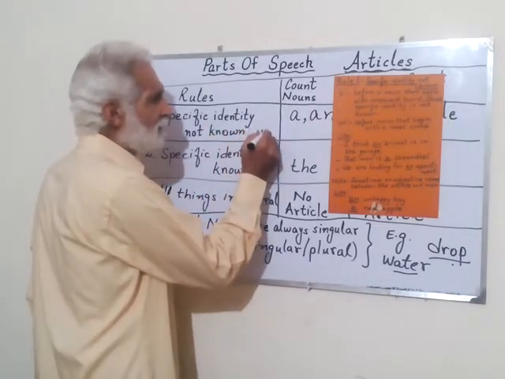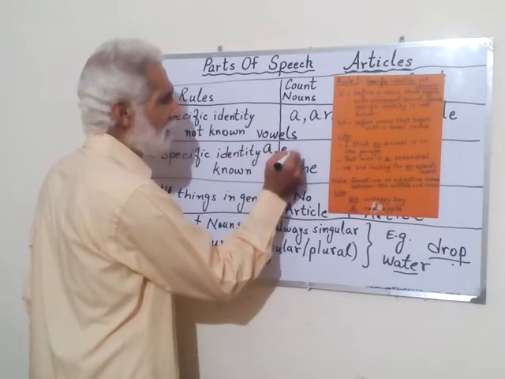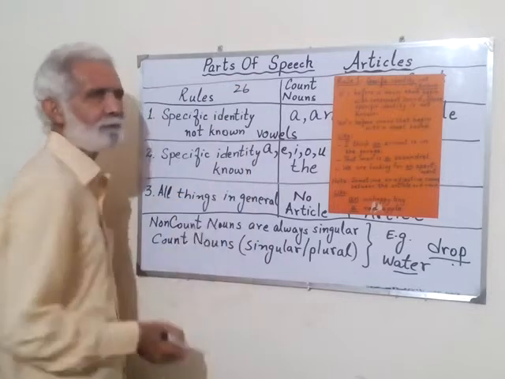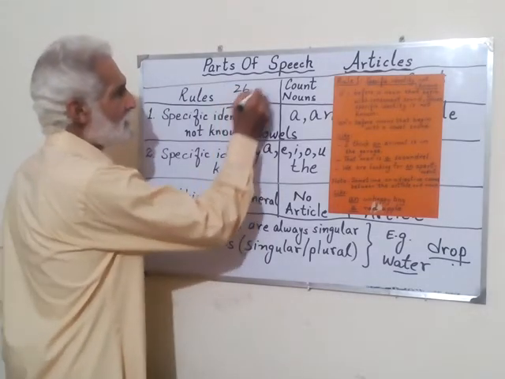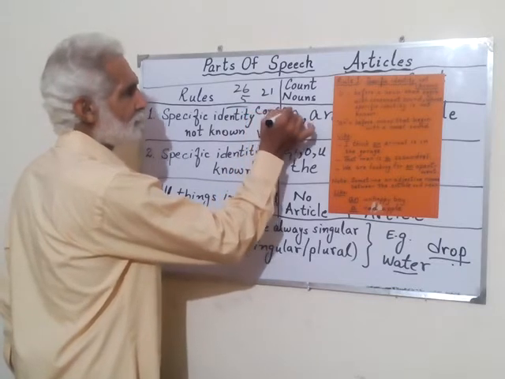Consonants, vowels we know. What are vowels? Vowels are A, E, I, O, U. 26 alphabets, 5 vowels, the remaining 21 are consonants.